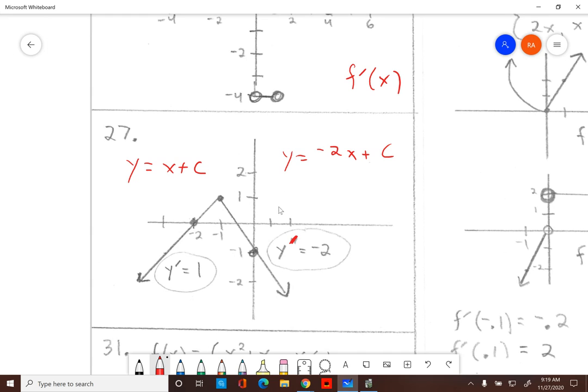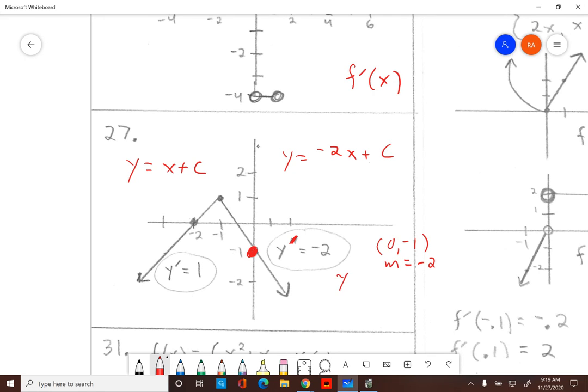So I need this stuff to connect up here. And I know that the original function also has f of 0 equals negative 1. So what I need to do is kind of a tricky one. I need to draw a line that goes through 0, negative 1, but also has a slope of negative 2. So we can play that old game of 0, negative 1 with a slope of negative 2.